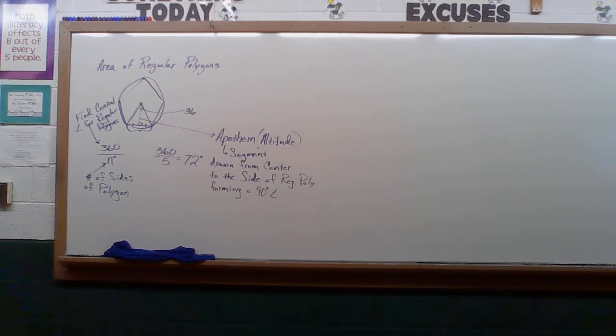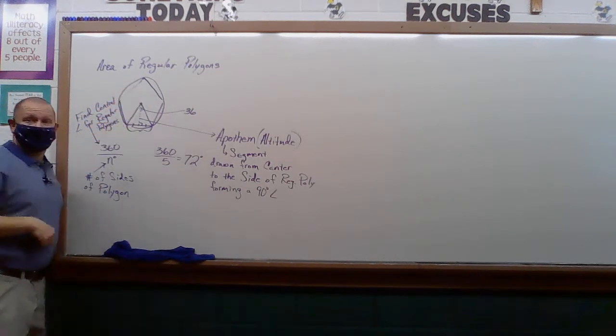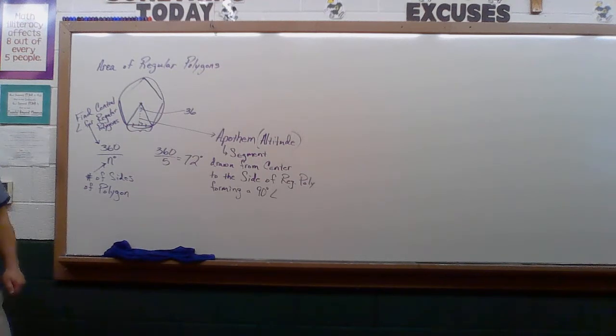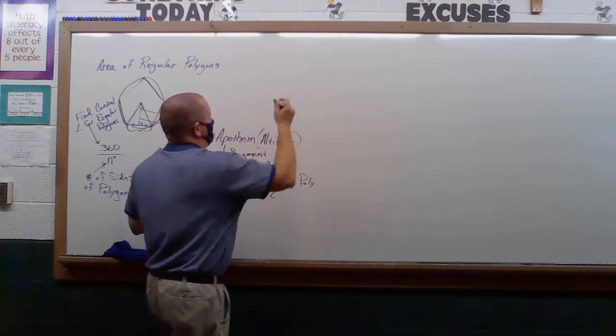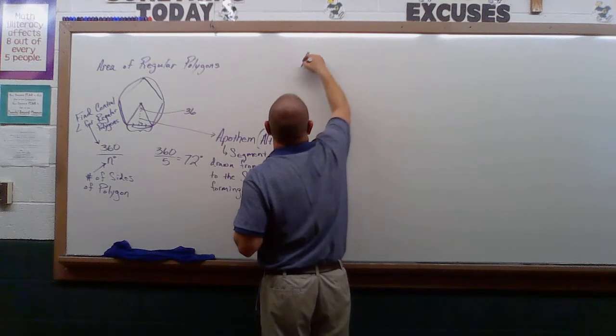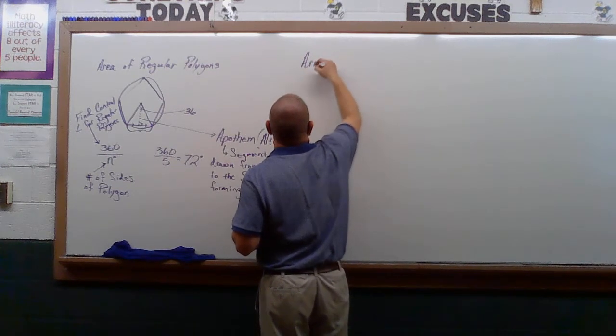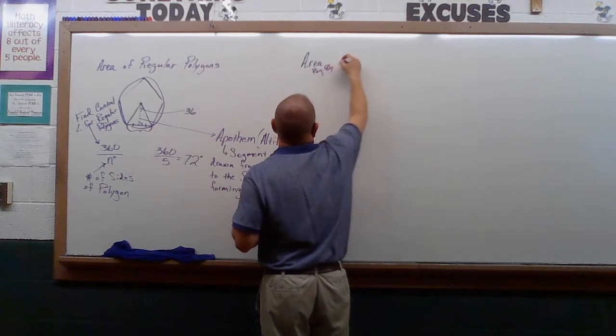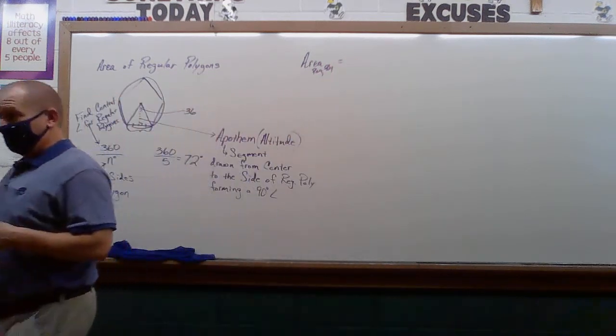So there's a couple different ways that now I can try to figure out this shape's area. All right? So we're going to try to find the area of any polygon. Sorry, it's got to be regular though. And we're going to do this in a couple different ways.